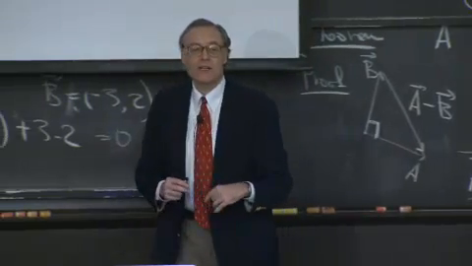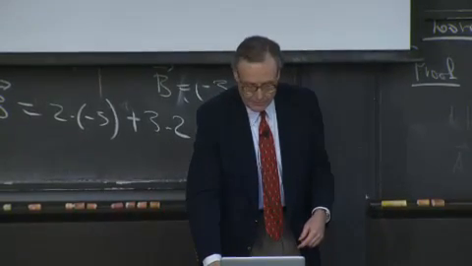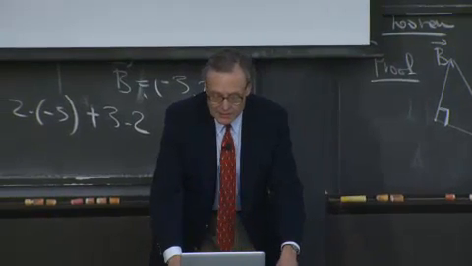Okay. Group A, close your eyes. Everybody has their eyes closed. Now, Group B, look at your instructions. So A has their eyes closed. B is reading instructions. Okay, everybody's eyes are open now.